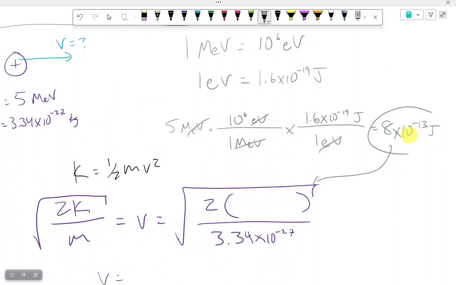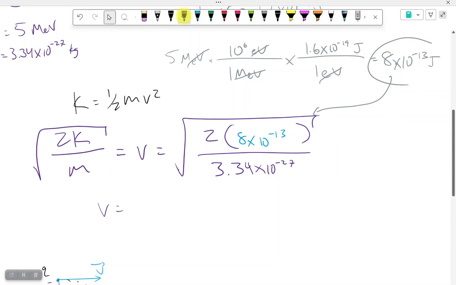So I'm going to plug all that in. This becomes 8 times 10 to the negative 13, times 2, divided by 3.34 times 10 to the negative 27, and I take the square root of all that. I'm getting 2.19 times 10 to the 7 meters per second.